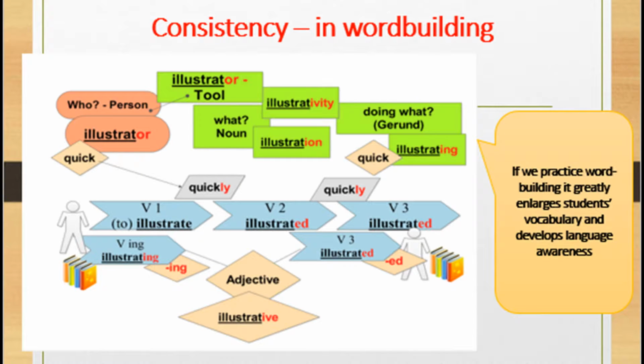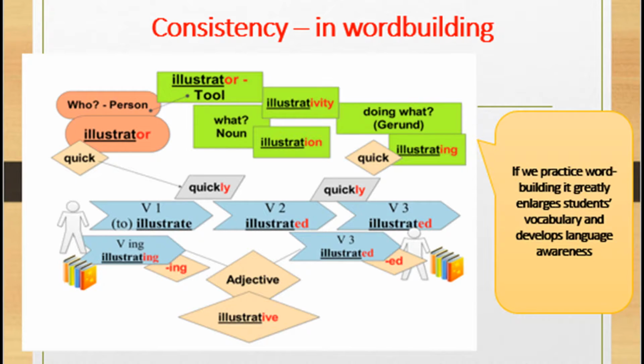You see that here the same symbols are used for the verbs to illustrate, illustrated, illustrated, but we distinguish verb 1, verb 2, and verb 3, like all three forms of the verb. Also, the verb in the third form, or participle 2, is explained as when the action was done, like illustrated, being illustrated.